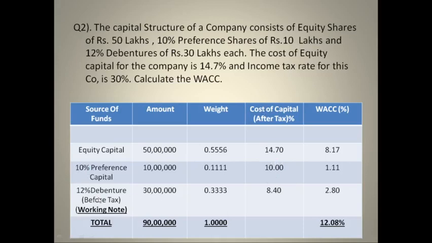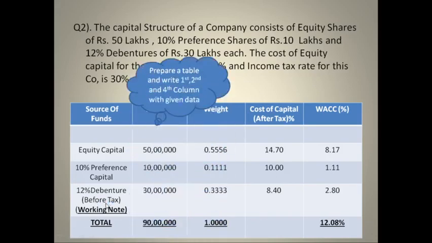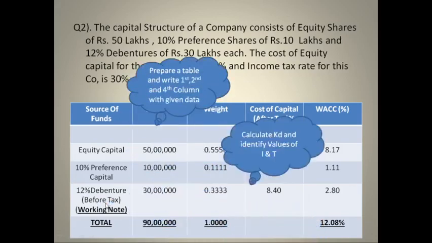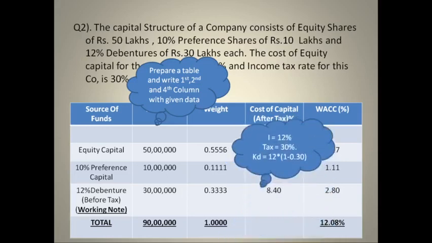Now over here they are talking about 12% debentures, but that is before tax. So what you have to do now is calculate the cost of debentures after tax, my dear friends. For that we simply need the values of I and T, and we will be using the formula KD is equal to I into 1 minus T, where the interest rate is 12 percentage and the tax rate is 30 percentage, which is given in the question.